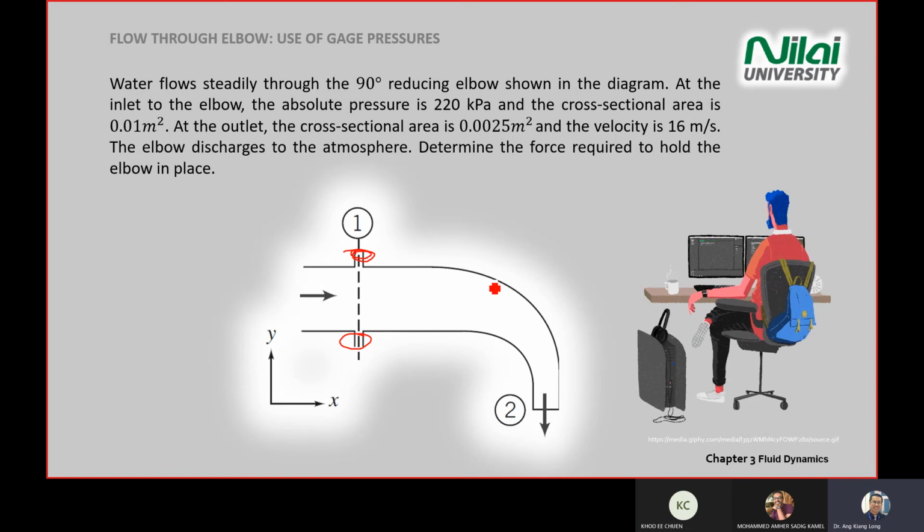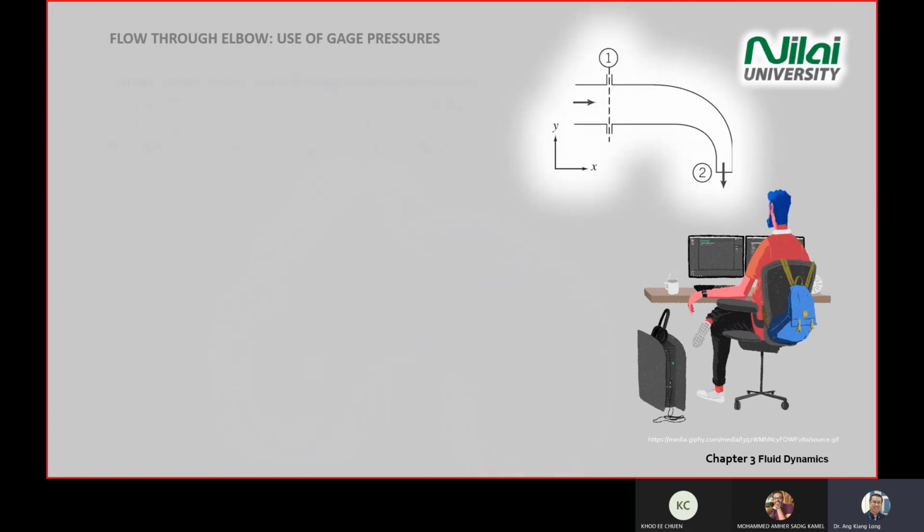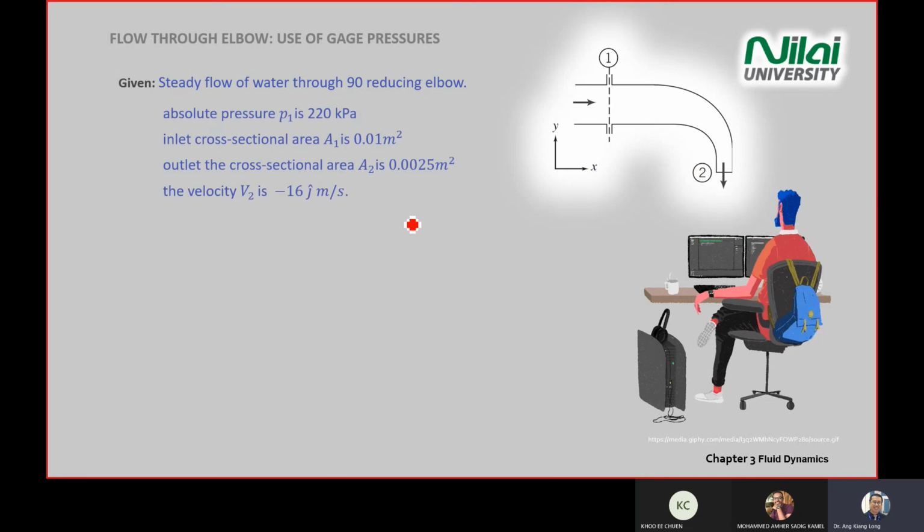Now in your mind, you should know the SOP, the standard operating procedure: the first step you do what, the second step you do what. If you go through the previous tutorials, we always apply the same steps. First, you look at what is given, then you copy all the parameters out. Pressure is given, area is given, velocity is given. As a practice for this module, when you are given the velocity, always write it in vector form so that you remind yourself there is a direction.